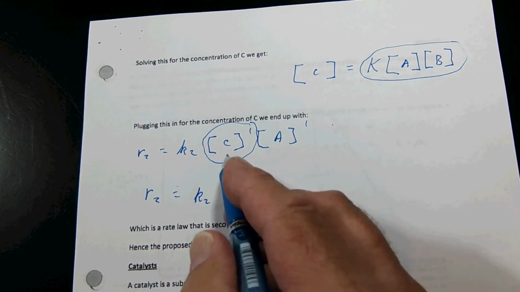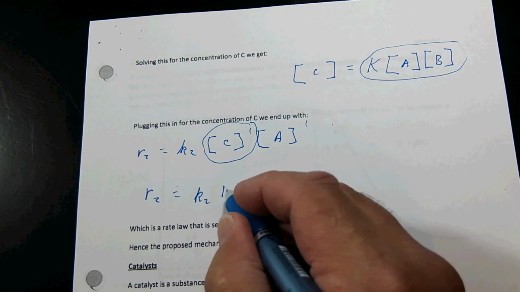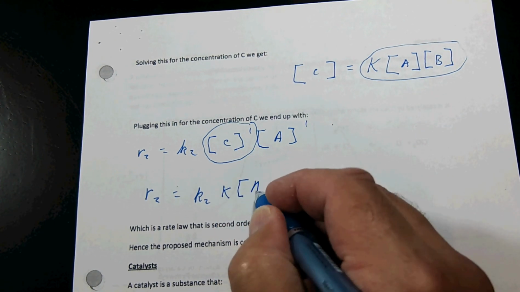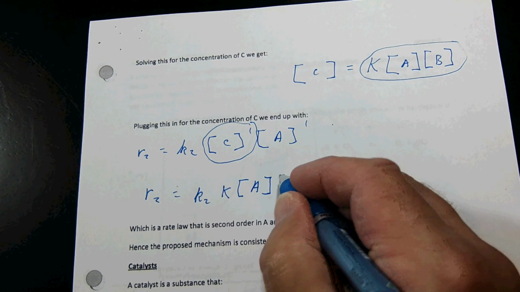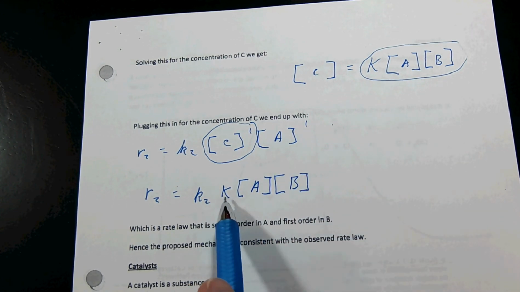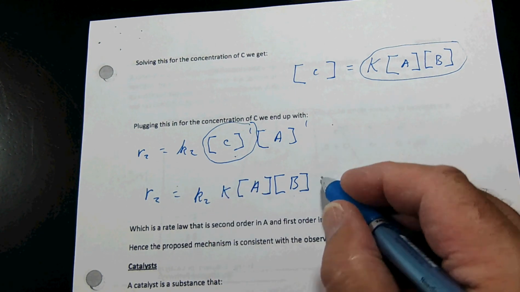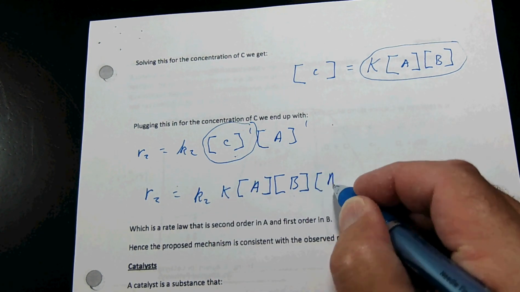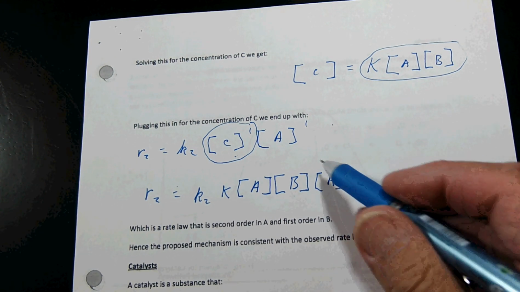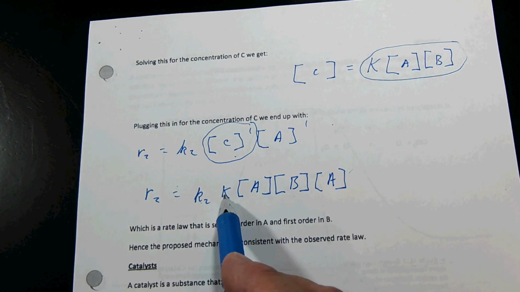some constant K2 times, in place of C, I'm going to have K, A, and B. So all of this is C, and I still have this A. That A is that one. Hey, a constant times a constant is just another constant.